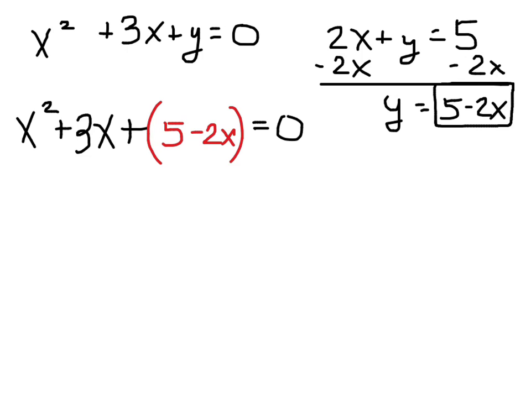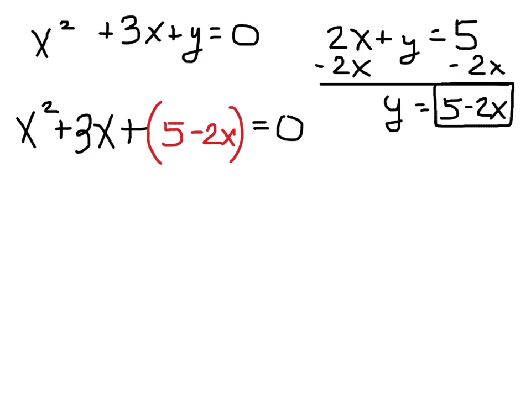The reason I put it in color is I wanted you to see I took the y out, threw it away for a second, and put something in its place. I substituted. I took the fries out and replaced it with sweet potato fries. Okay? That's what I do.